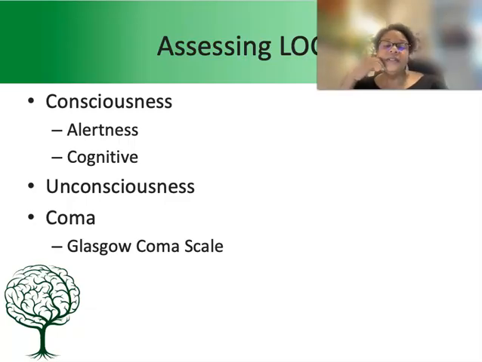So unconsciousness demonstrates a depressed cerebral function. Okay, if a person is unable to be aroused, then they are considered to be in a coma. All right. So we use a Glasgow Coma Scale, and we do have a modified one. Let me show you.